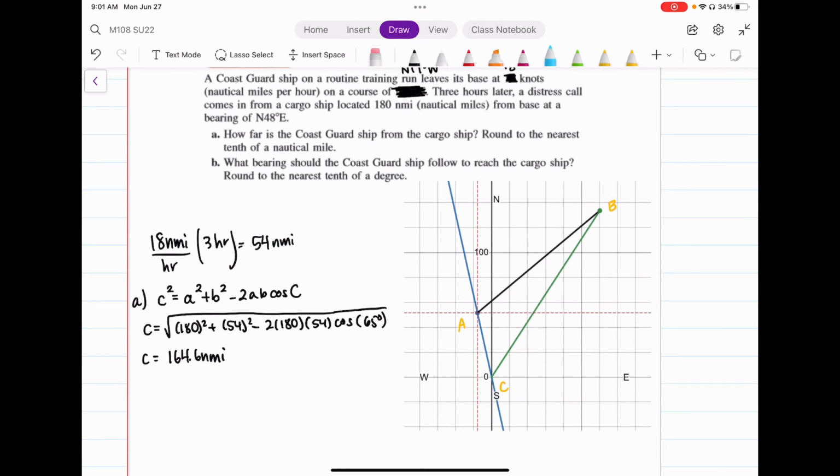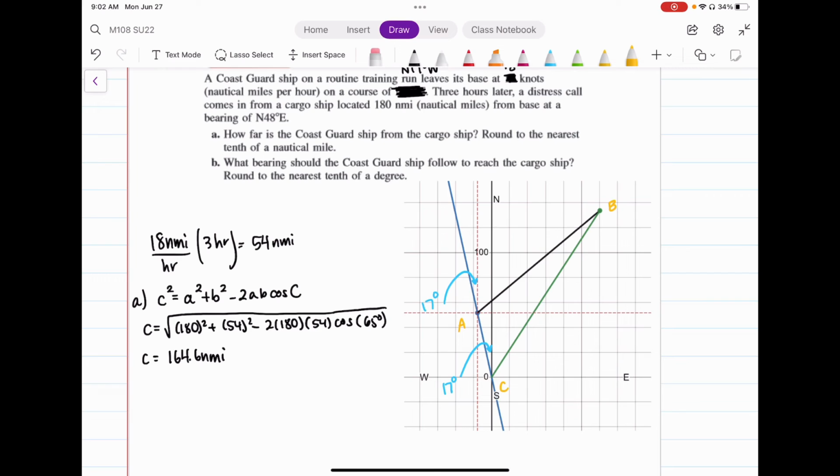I was told in the beginning that the bearing of the Coast Guard ship to the north-south line was north 17 degrees west. That is the same angle as this new angle created by the coordinate plane in the red dots with the cargo ship. That's also 17 degrees. And the reason why that's important is because this blue line forms 180 degrees.